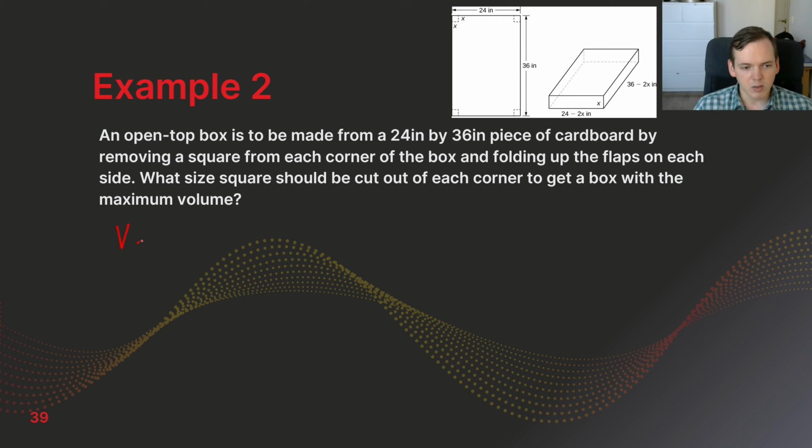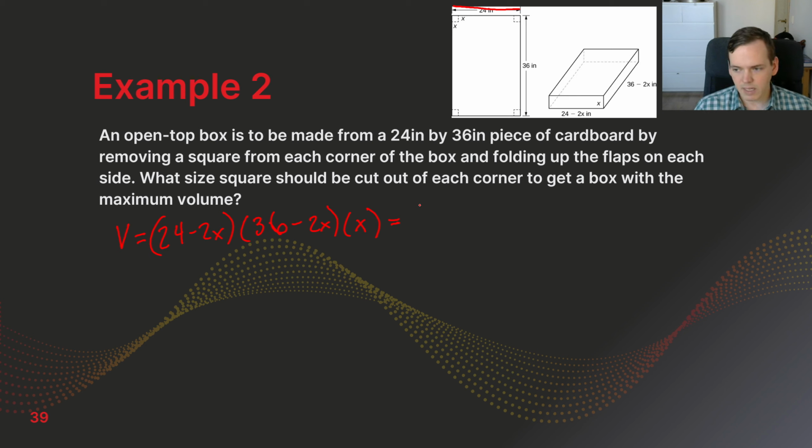Well, we know volume is equal to, if we look at this diagram, 24 minus 2x, because that's this side right here, times 36 minus 2x, because that's the other side, times x, because that's the height.